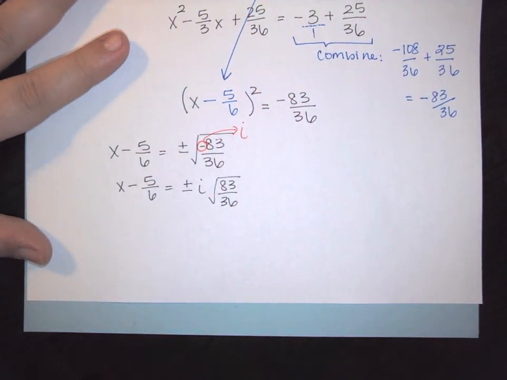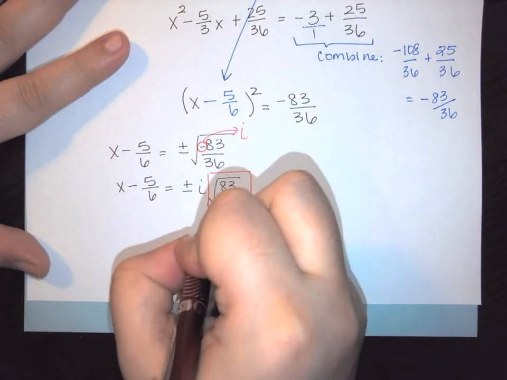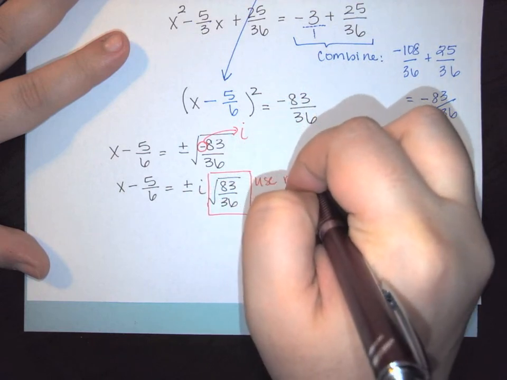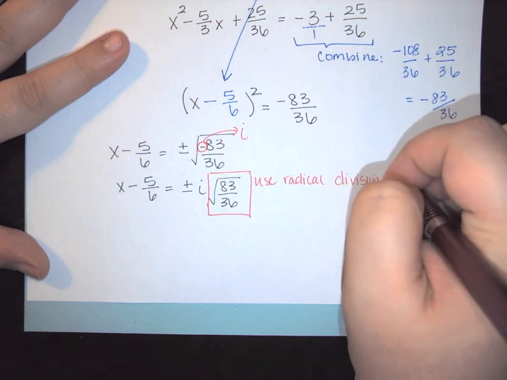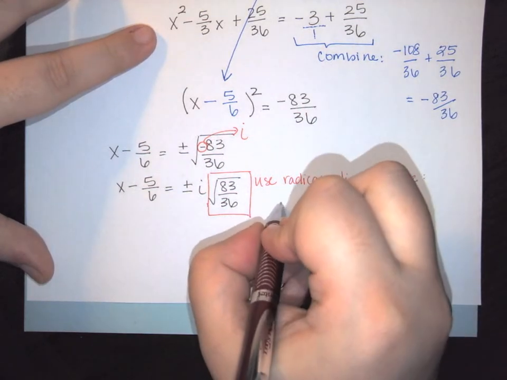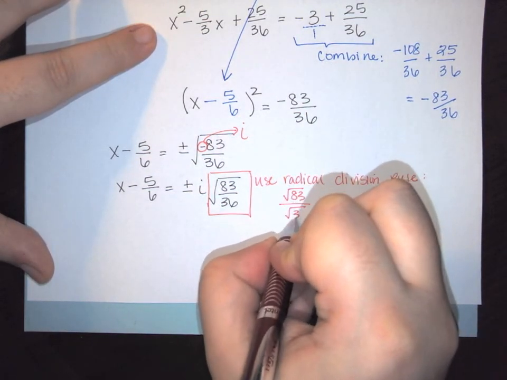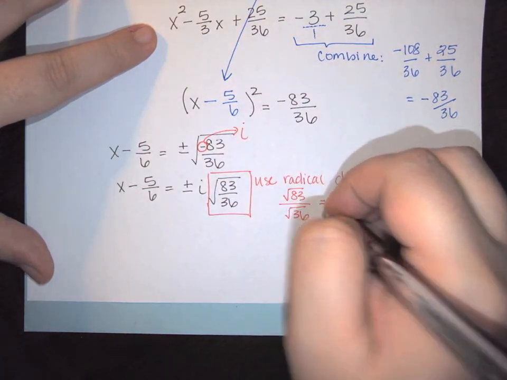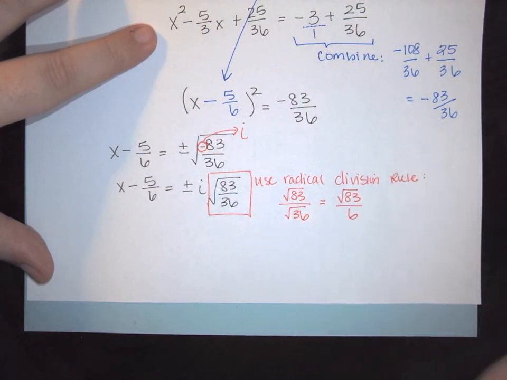Now with that, in order to take care of this radical here, we have to use your radical division rule, which says you have to separate your radicals, so the square root of 83 over the square root of 36, before you can evaluate. 83 is not going to reduce, so this is going to become the square root of 83 over 6.